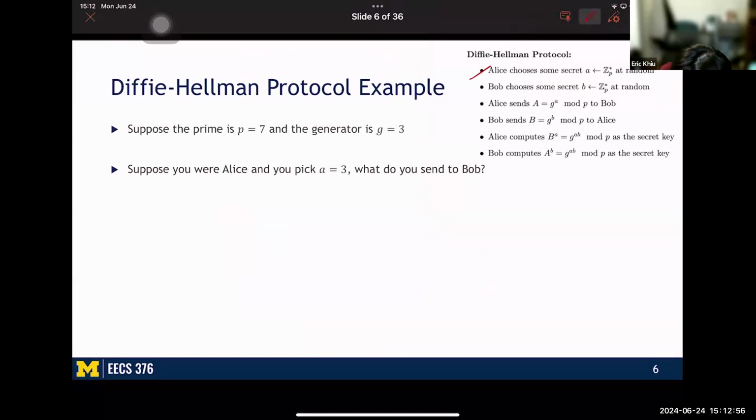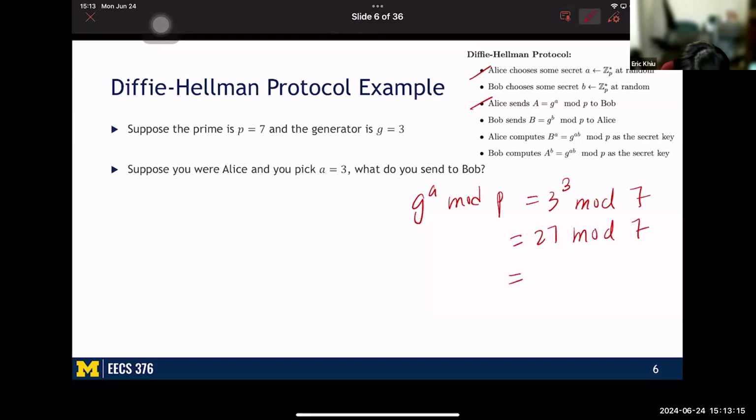Alice is gonna compute G to the A mod P, where G is 3, A is 3, mod 7. We know that this is 27 mod 7, which I believe is 6, right? So this will be the message that Alice will send to Bob.